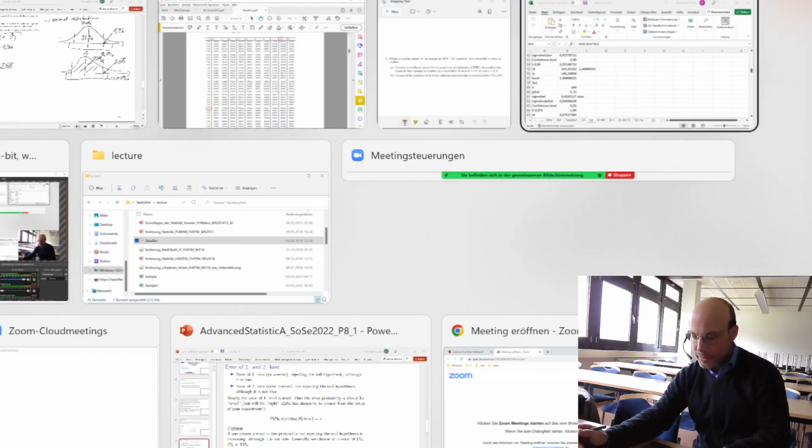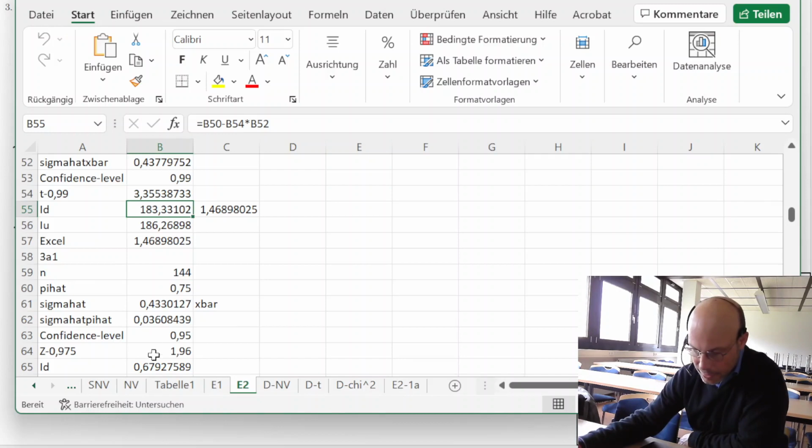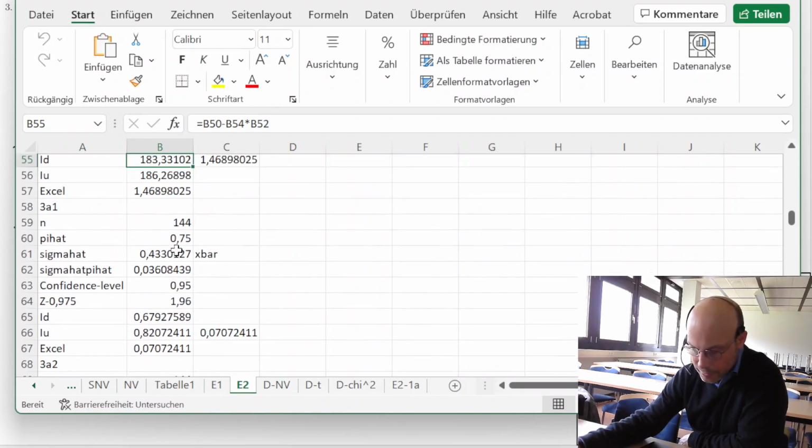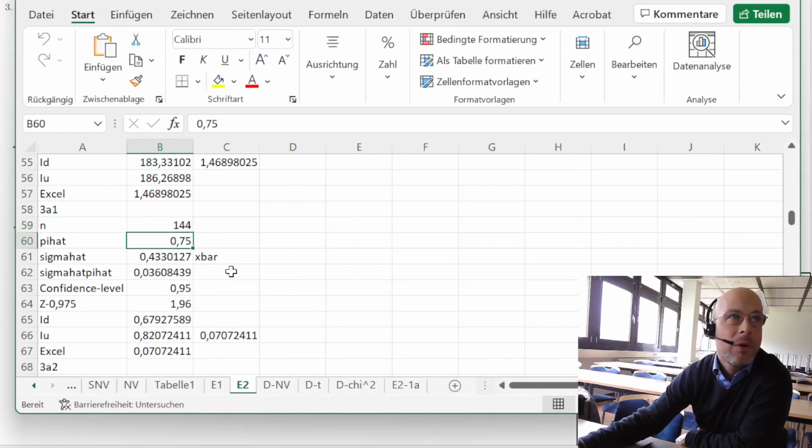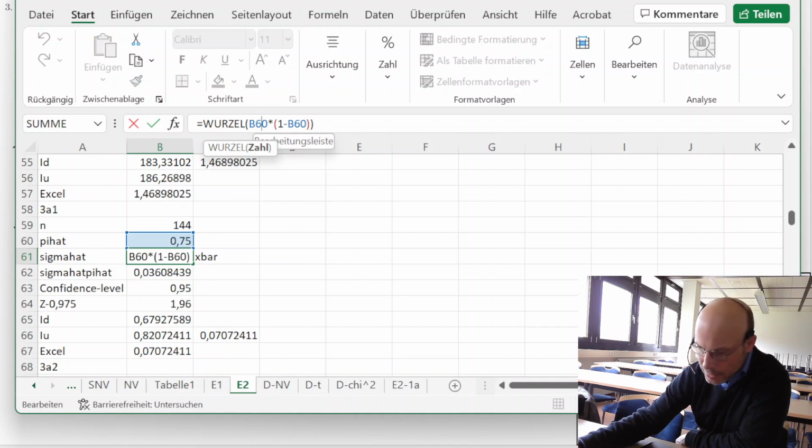And this I always did for you within Excel. So here I have my n is 144, pi hat is 0.75, sigma hat is just the square root of 0.75 times 1 minus 0.75.